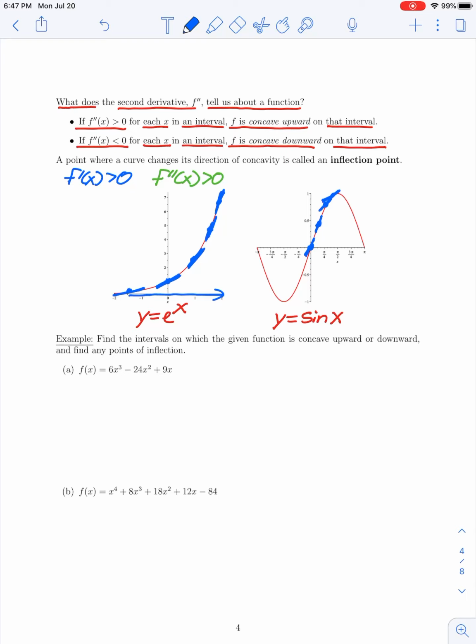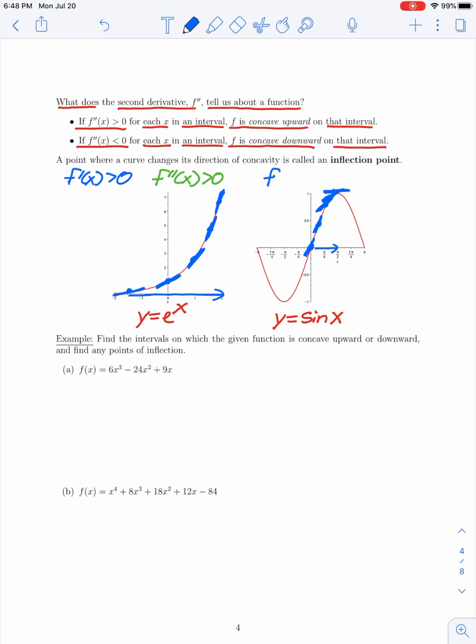However, we start to notice that as we're moving from left to right on that interval, the slope of the tangent line is decreasing. So we see our tangent line starting to flatten out as we move from left to right. So the derivative is decreasing, which means that our second derivative would be negative.